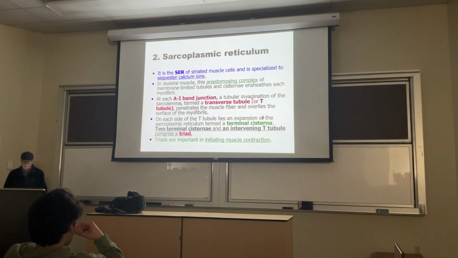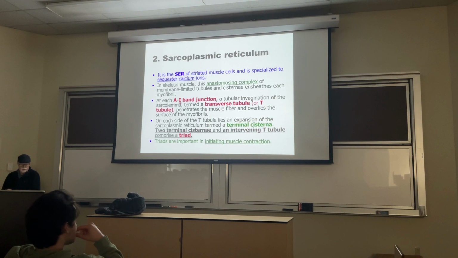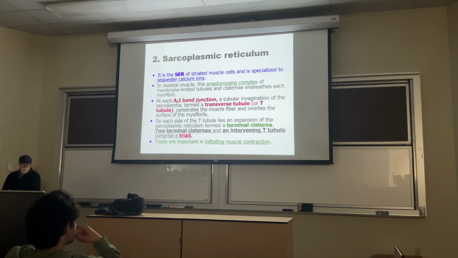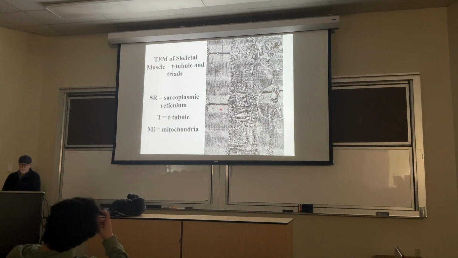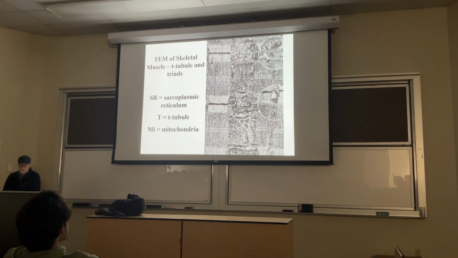Okay. Now, in skeletal muscle cells, the transverse tubules come down between the A and the I bands of the sarcomere. In other words, here's the A band, here's the I band. They come here.